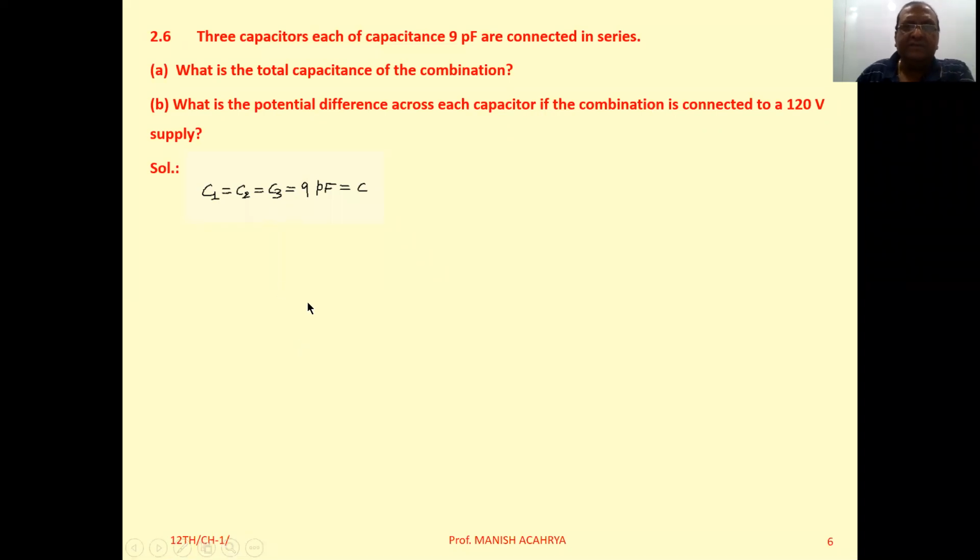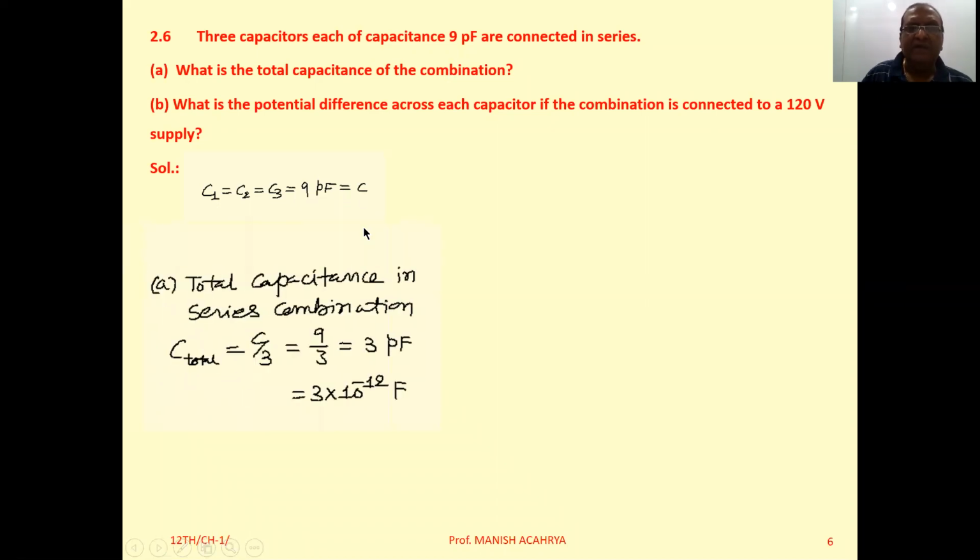Now see here. Three capacitors, each with the same value 9 picofarad, are connected in series. So we can say C1 equal to C2 equal to C3, that is equal to 9 picofarad, and say that is C. Now the total capacitance of the combination.